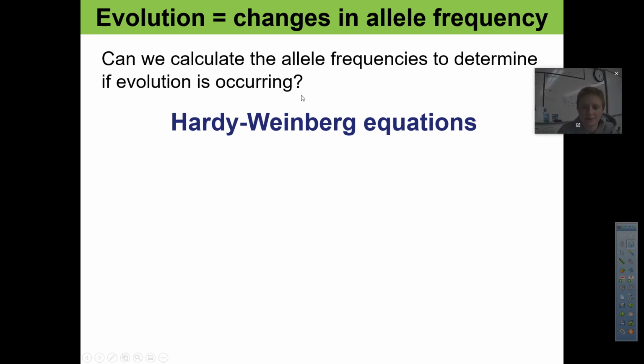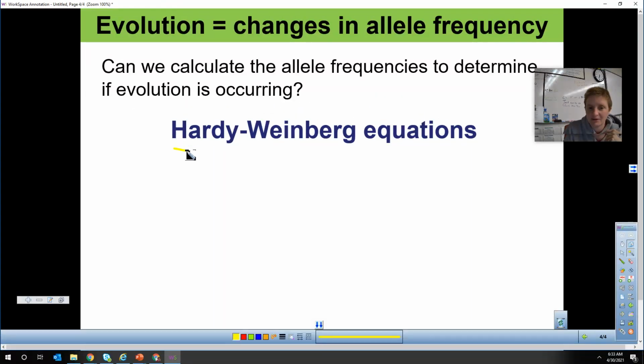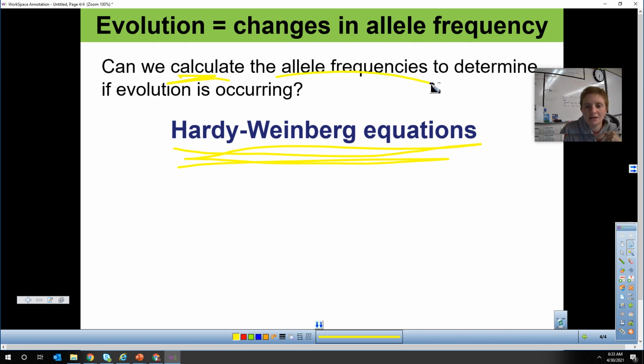And we're going to do that with the Hardy-Weinberg equations. So just hold tight, maybe put this in your notes, because Hardy-Weinberg equations are coming. Hardy-Weinberg equations are used to calculate allele frequency to determine if evolution is occurring. And that's what we'll be doing: seeing, did they evolve? Did these change over time?